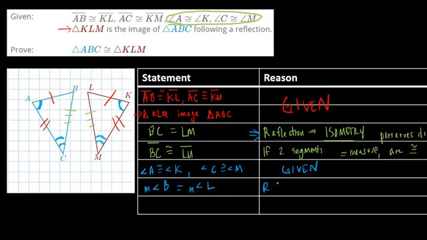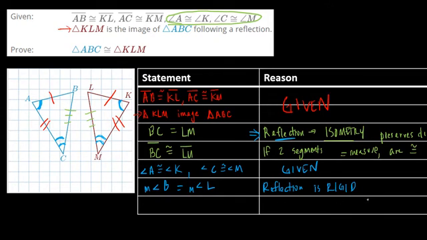I'm able to establish this for the same reason. Because a reflection, in this case, rather than talking about isometries, I'm going to say a reflection is rigid. So once again, calling on my information about that reflection, I know that these measures are equal because reflections are rigid, and rigid transformations preserve angle measures.